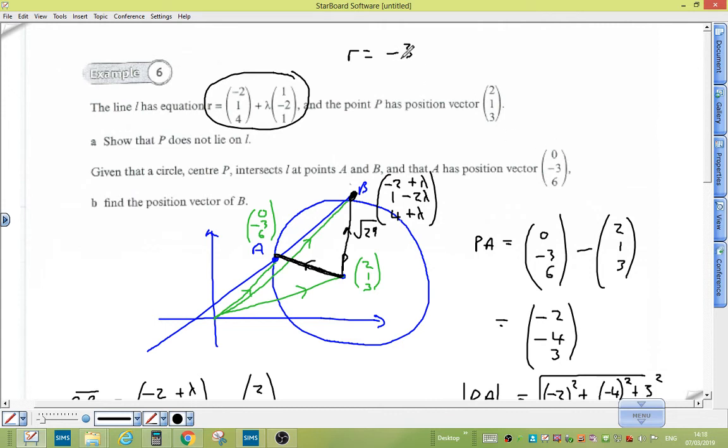Okay, so this looks like it's coordinate B. 1 minus 1 lots of that is going to get 2, that gives you 3. And 4 minus 1 times that is minus 1, so it gives you 3. So the position vector of B must be that. So O to B must be that one there.